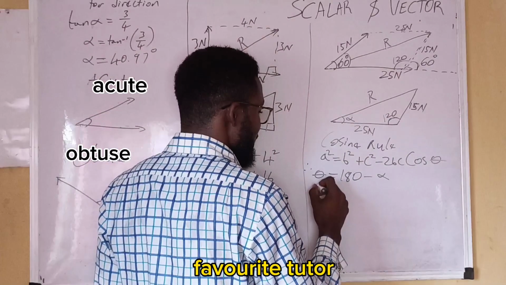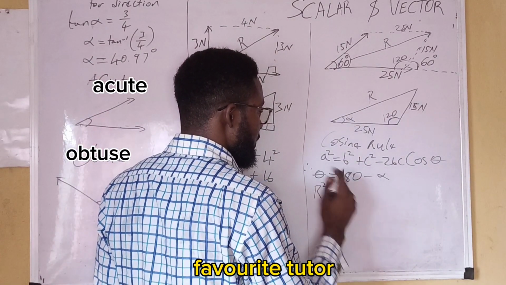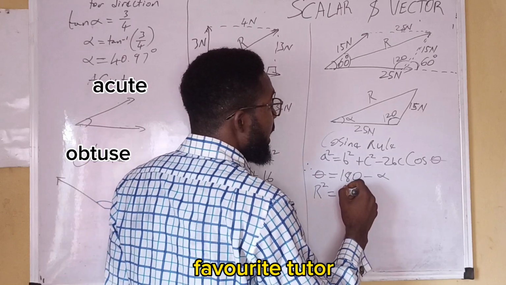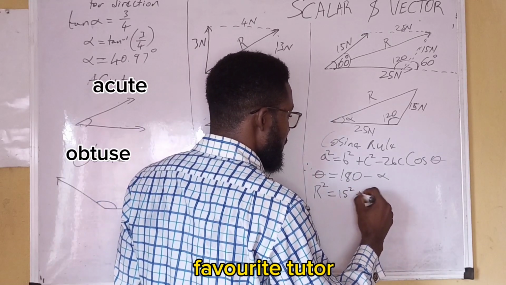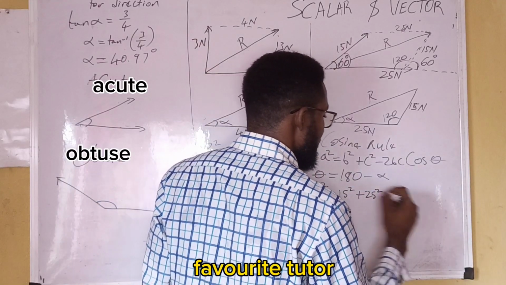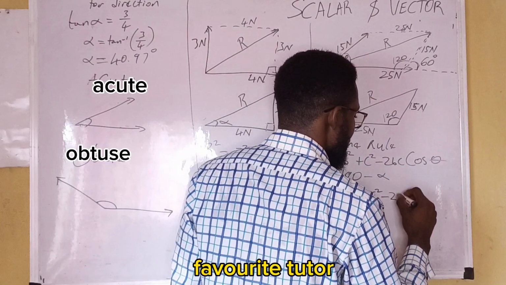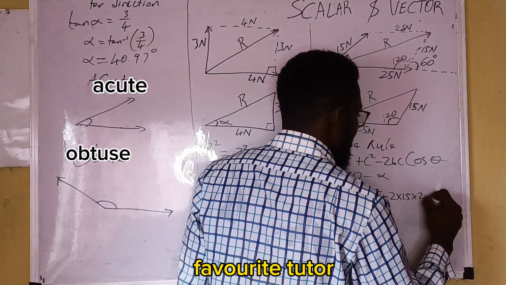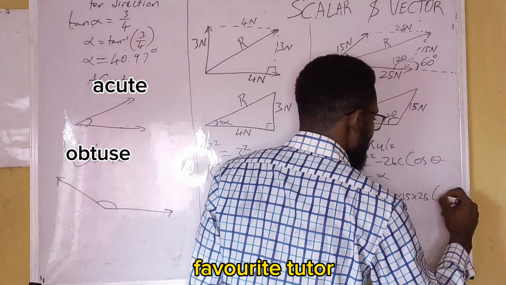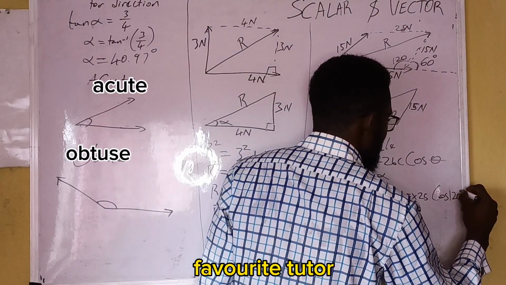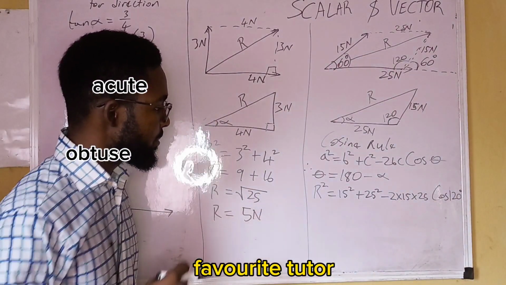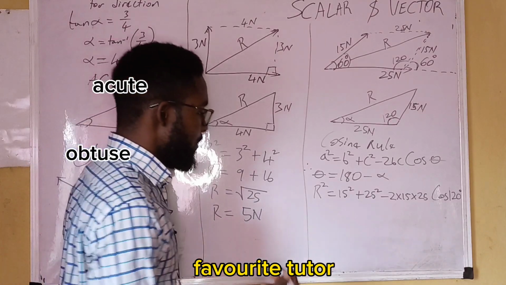So to get the resultant, A squared is equal to 15 raised to the power of 2 plus 25 raised to the power of 2 minus 2 times 15 times 25 cos 120 degrees. So we move further.